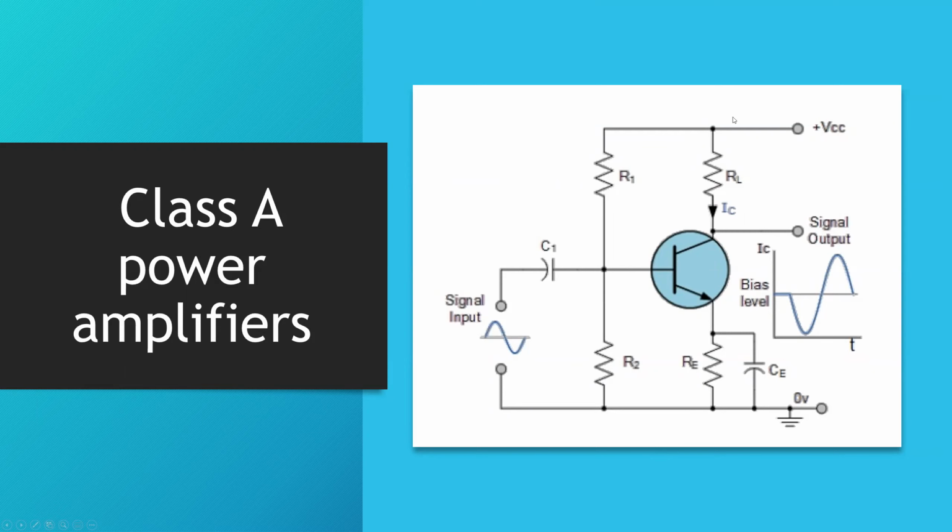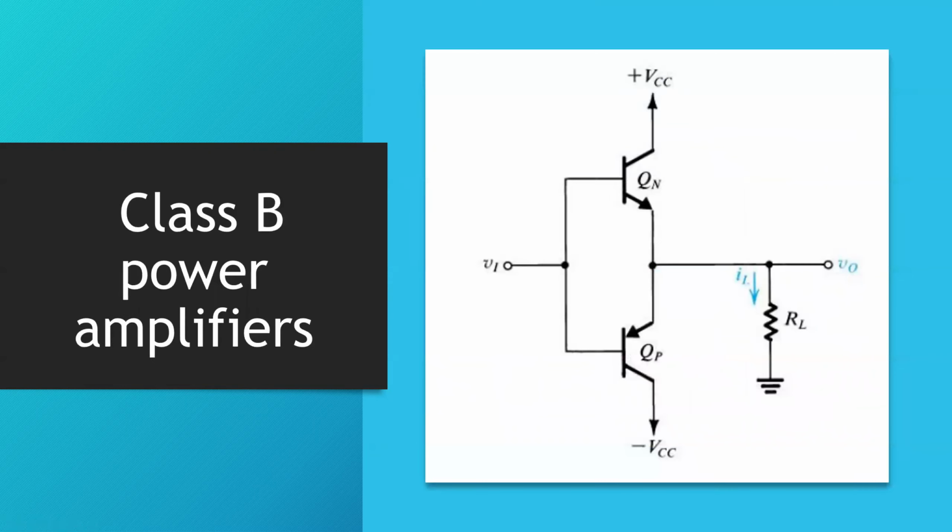Since we're connected to VCC, this transistor will always be passing current, and the power dissipation would be high. So power efficiency is really low, but the output linearity is really good. The output looks exactly the same as the input. So this is the good side of a Class A power amplifier.